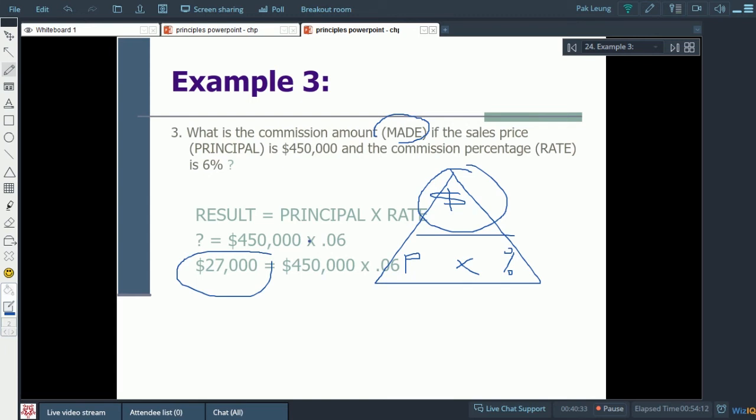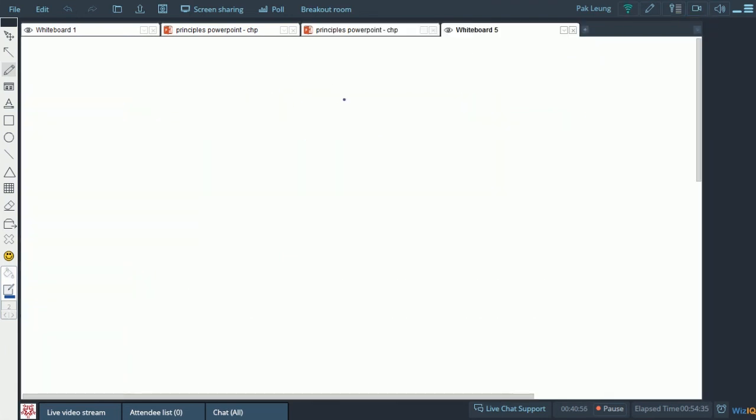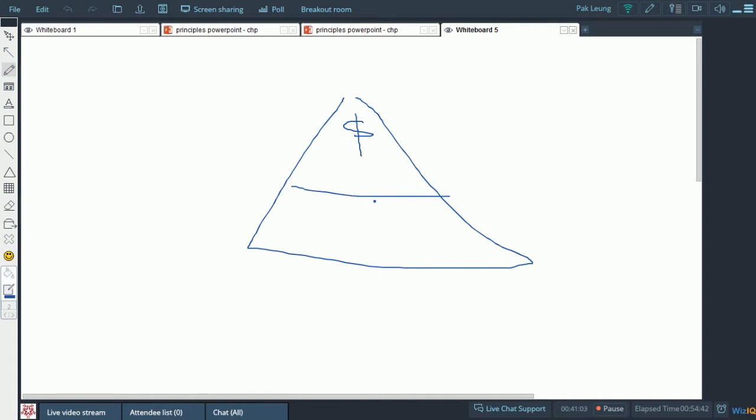You cover this up. 450,000 times 0.06, this is times, is equal to 27,000. 所以呢，你把上面盖住，你赚多少钱? 出现出来这个方式，45万乘6% 等于27000，你赚到佣金是27000. Very simple.